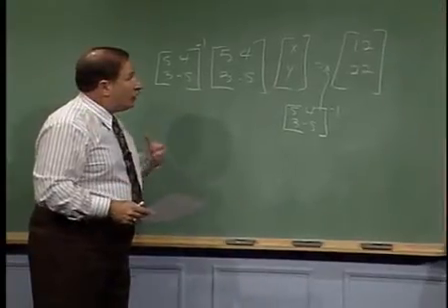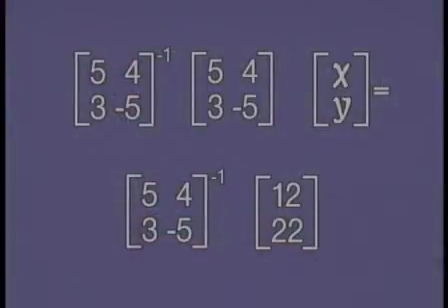The next visual actually shows us this same thing, but I did the visual because it shows you them all lined up. We have the left side, the inverse times the original coefficient matrix times the xy matrix equals the inverse times what I call the answer matrix, the 12, 22 matrix.